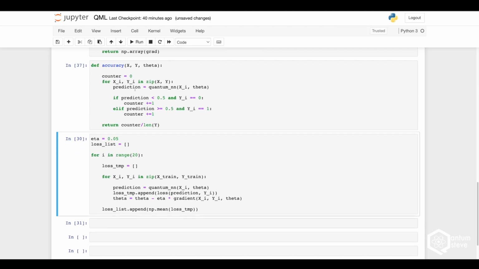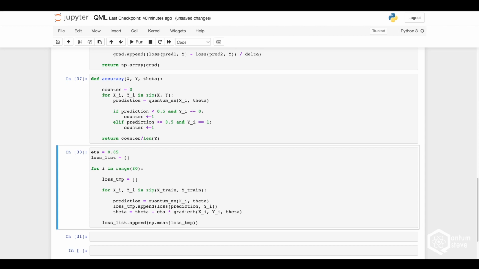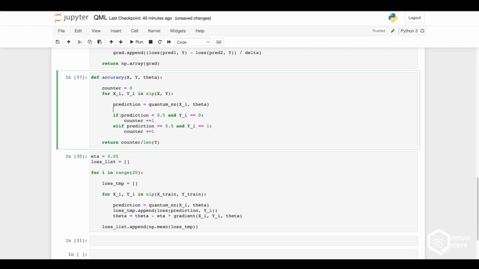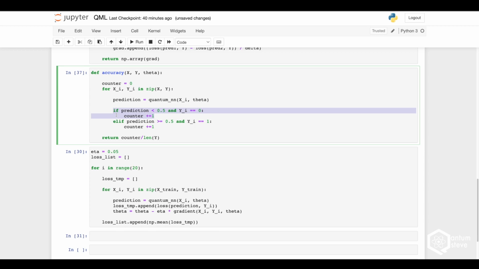All right, so this accuracy function just loops through our data. It gets the prediction for every data point here. If the prediction is less than 0.5 and the true label is 0, then we increment the counter once. So this means that it's correctly classified a data point.